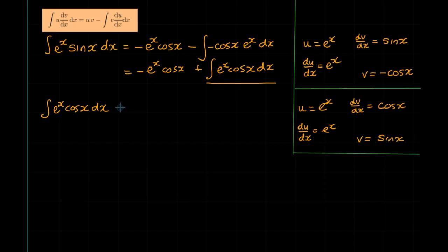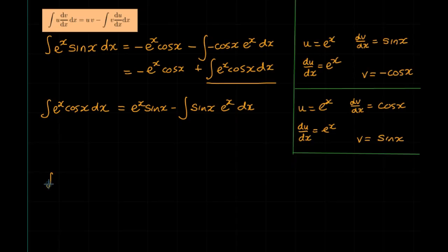So let's fill in our integration by parts, it's going to be e to the x sine x minus the integral of sine x times e to the x dx.